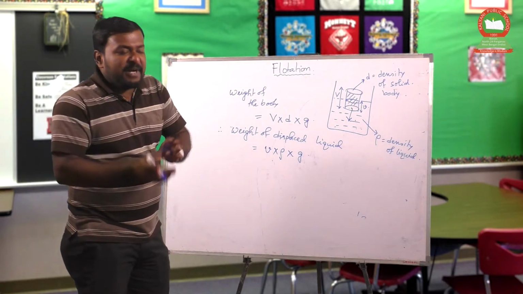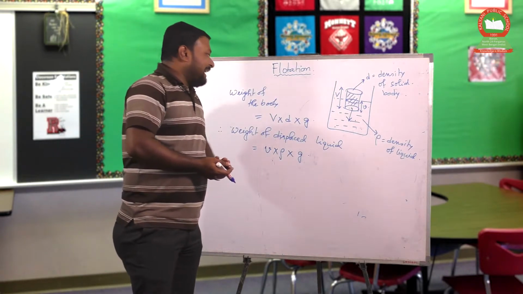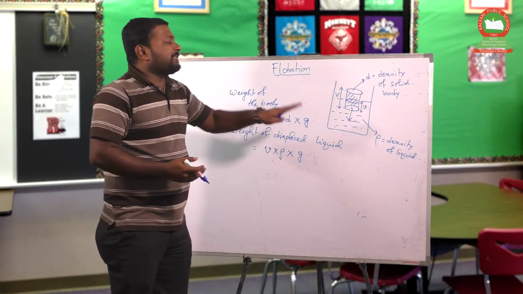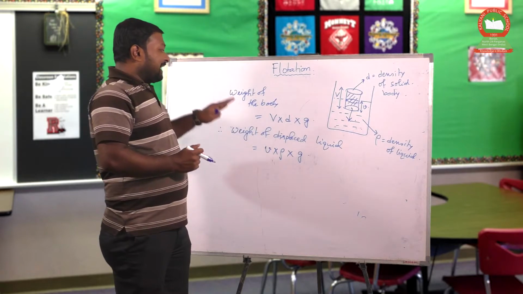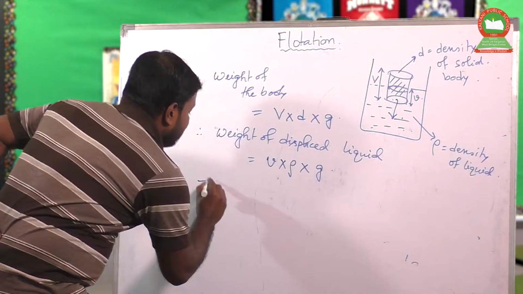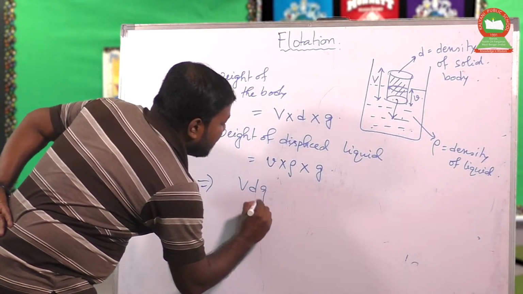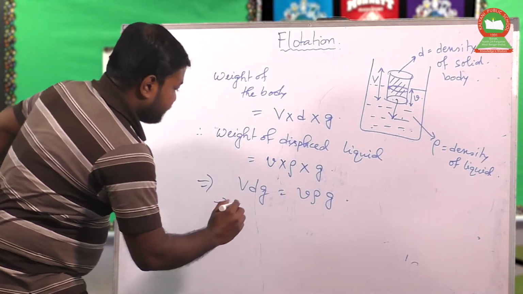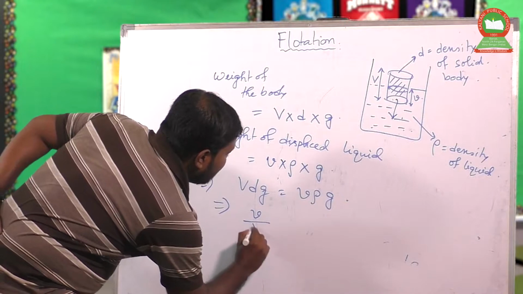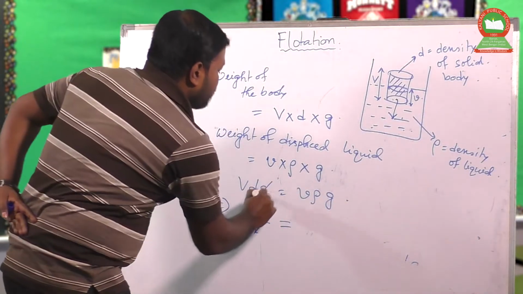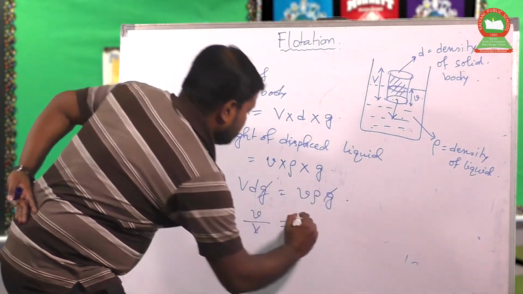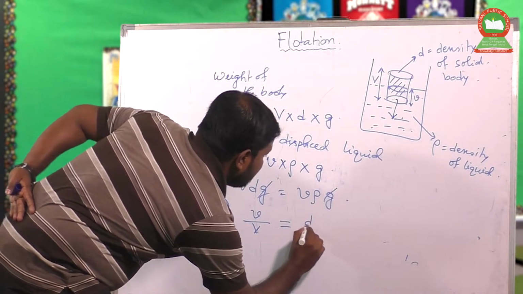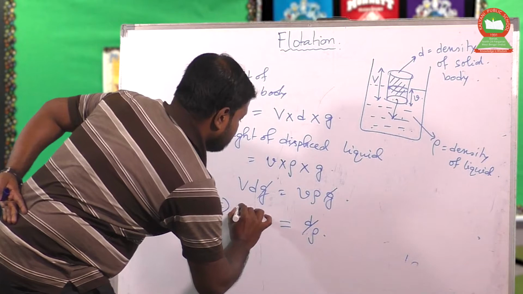Now the famous principle of Archimedes states that the weight of the body should be equal to the weight of the displaced liquid. So in this case, VdG equals small v rho g, or small v by capital V equals D by rho.